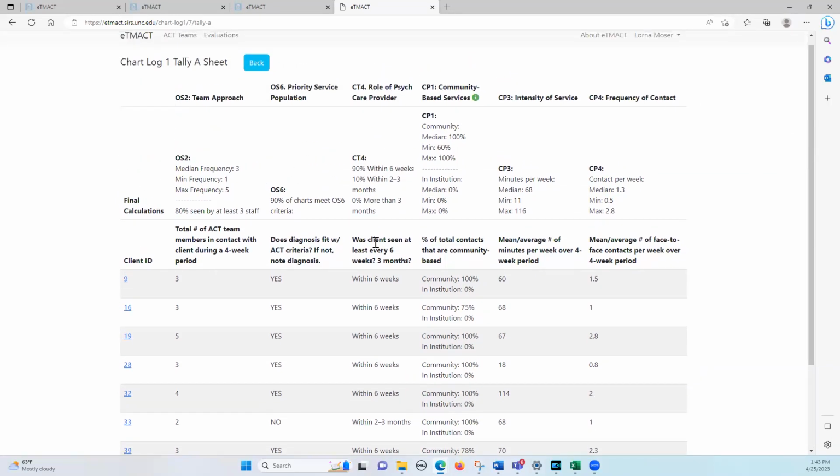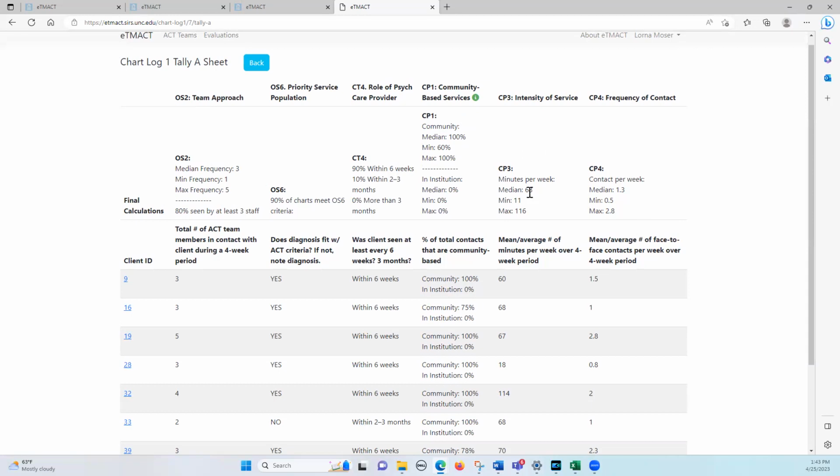Up above on this dashboard on top, you're seeing the summary data. So for instance, for this team, frequency of contact, the median, which is used for the rating, was 1.3. It also shows you the minimum and the maximum of median number of contacts on a given week. Same with intensity.